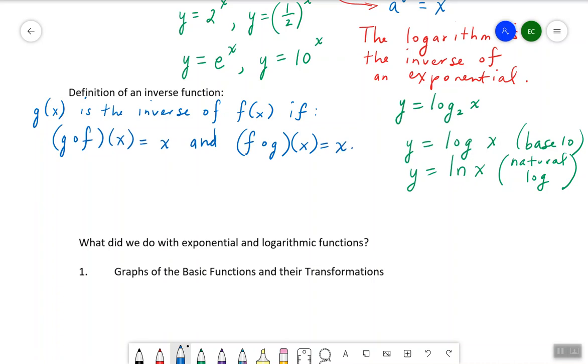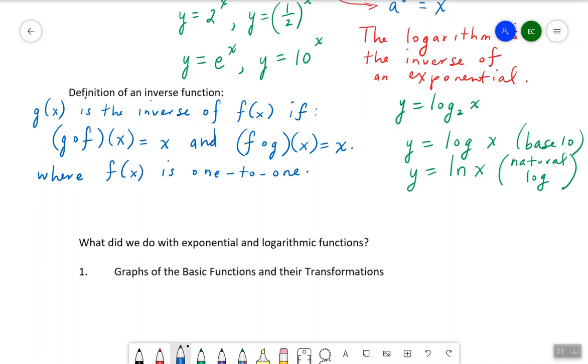And remember that f of x, in order to have an inverse, has to be 1-to-1.